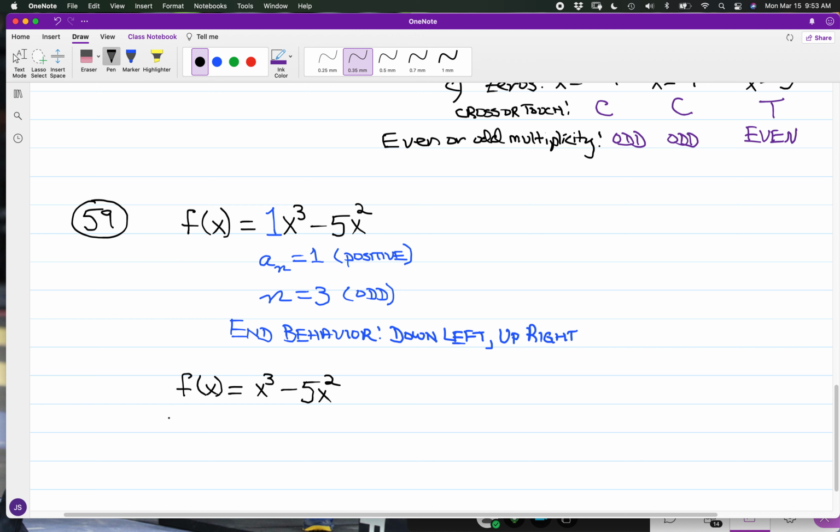Okay, so if we look at factoring, for x cubed minus 5x squared, the greatest common factor will be x squared, and taking that out of x cubed minus 5x squared, we have the quantity of x minus 5.